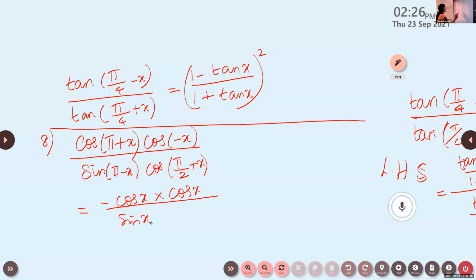And 90 plus x will become minus sin x. So we get minus cos square x by minus sine square x. What is cos by sine? Cot, isn't it? It will be minus cot square x.